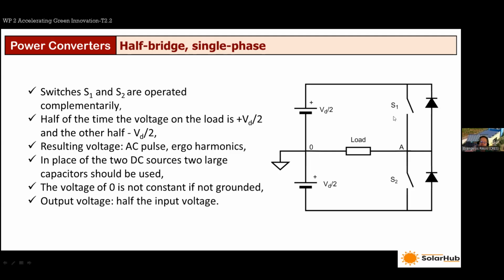So when switch 1 is on, switch 2 is off, and you have a current flow through the upper part of the source, and switch 1 through the load, in this direction. But if you reverse the state, and this is off and this is on, then you have a current flow from the lower source through the load, through this path.